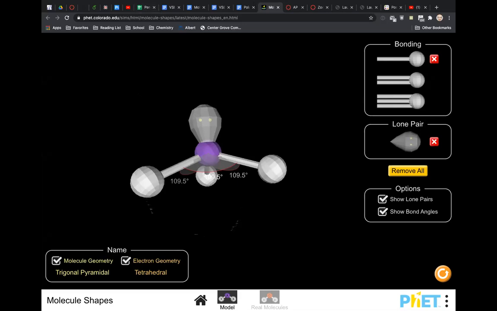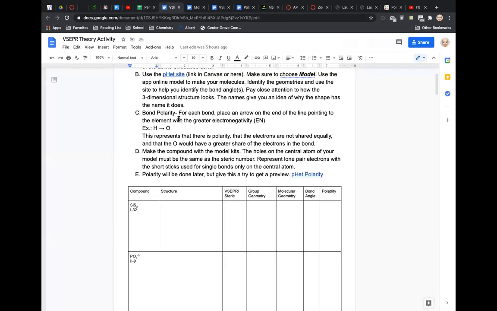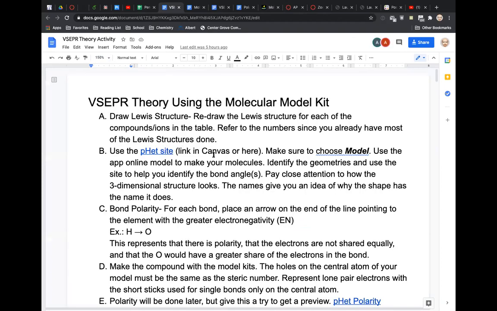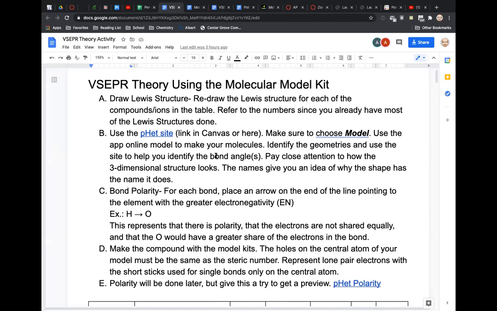So in Canvas, you got a link to the VSEPR theory activity. Go ahead and open that up. Now, I know that I have a couple of people from Mr. Milligan's class.